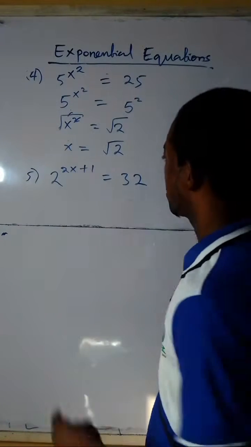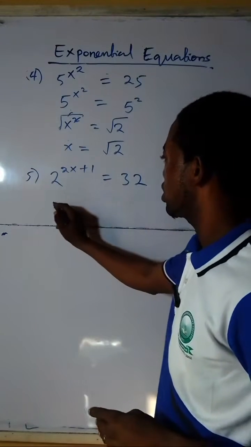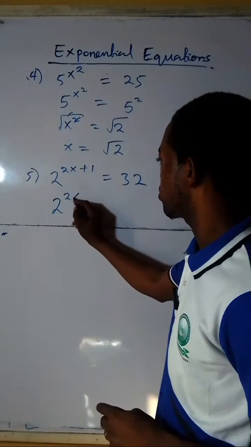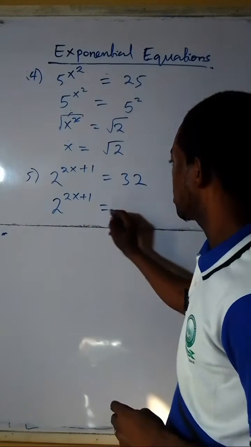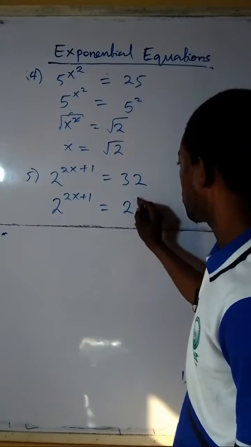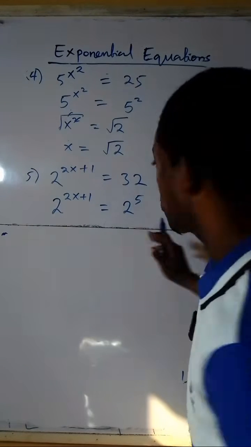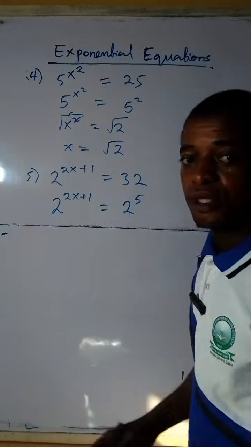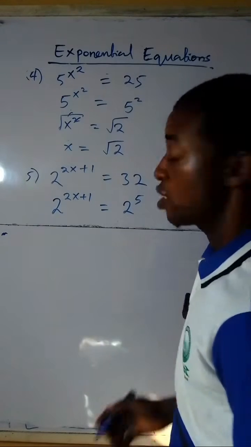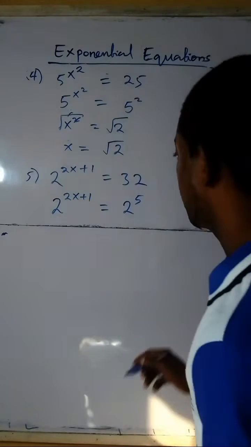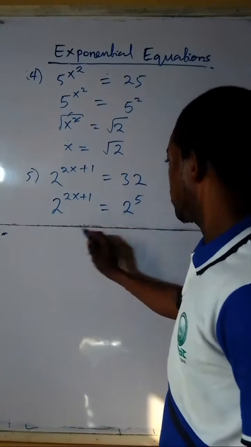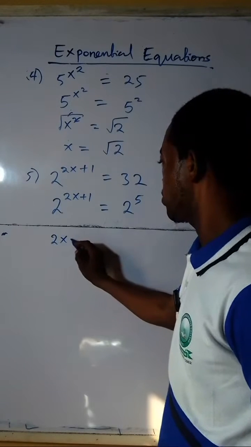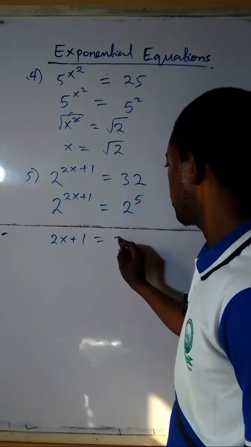We can make the two sides to have the same base. Here we already have 2 raised to power 2x plus 1. Then on this side, 32 can be expressed as 2 raised to power 5. That is 2 multiplied by itself 5 times. That will give us 32. Then, the bases are equal now. We can now say 2x plus 1 is equals to 5.